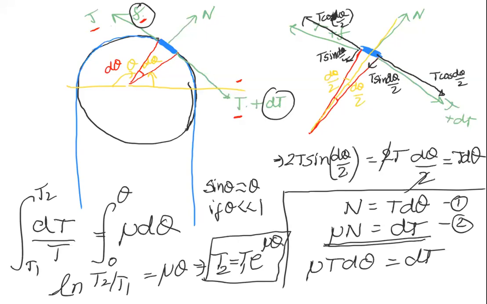This means that the tension here, if it is T2, and here it is T1, then T2 in this case will be equal to T1 e raised to the power minus μ into 180 degrees, that is pi radians.